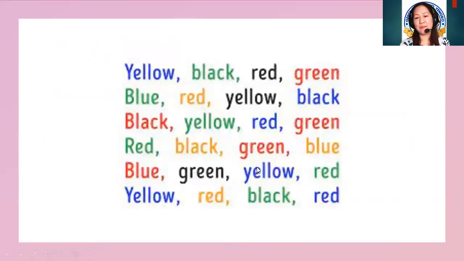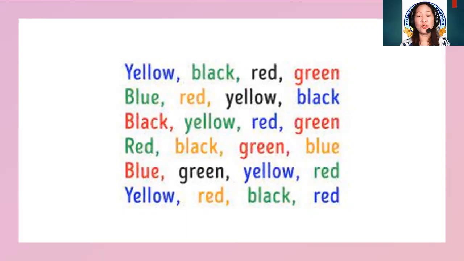So let's have our activity first. For this activity, you are seeing different words of colors. For my instruction, I'll be calling a student to tell us the color of each word.